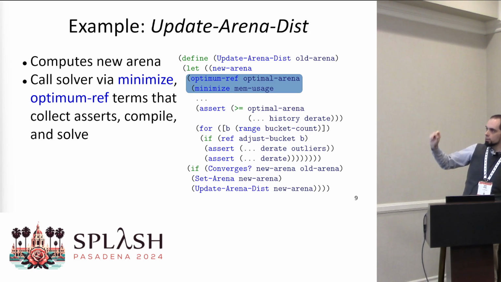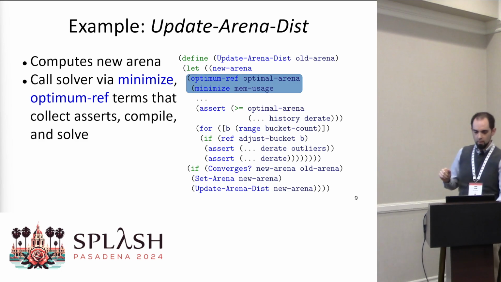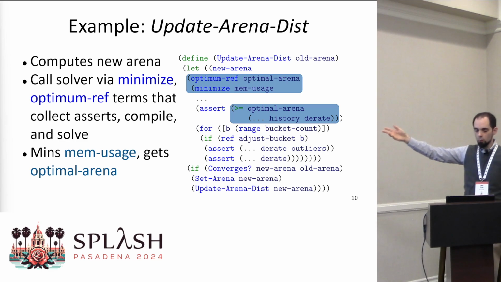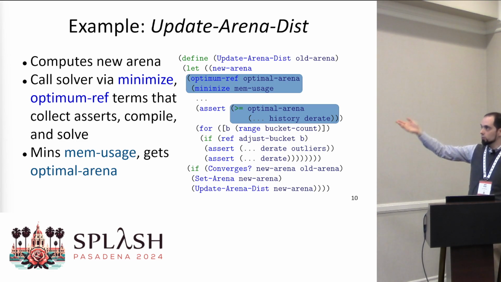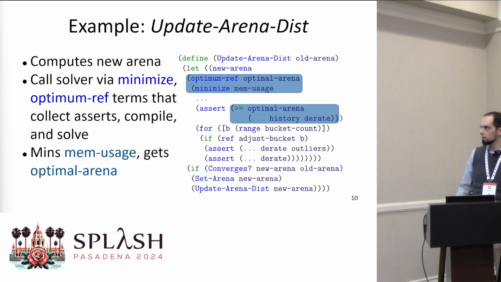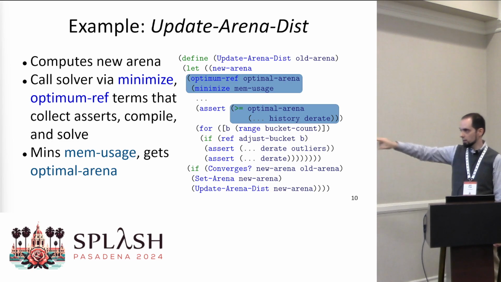And then the solution to that is marshaled back out using this optimum-ref term. All right, so in our implementation of update arena dist, we want to minimize the overall memory usage and then extract the arena, because we want to have the next stage in the arena, right? These are determined according to constraints like this one highlighted here and the others down there.